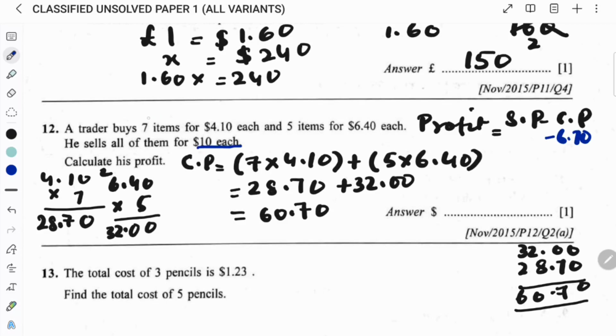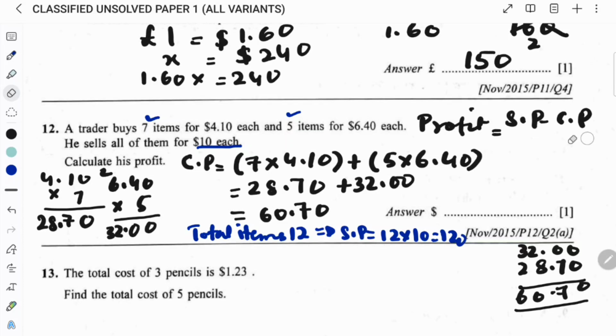How many items do we have? 7, 8, 9, 10, 11, 12. Total items are 12. So the selling price will be 12 times 10, which is 120. So 120 is the selling price, and 60.70 is the cost price.